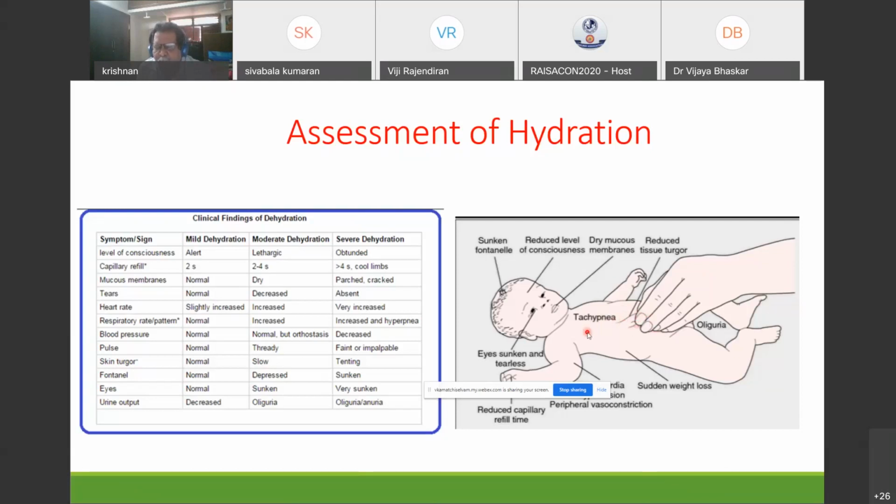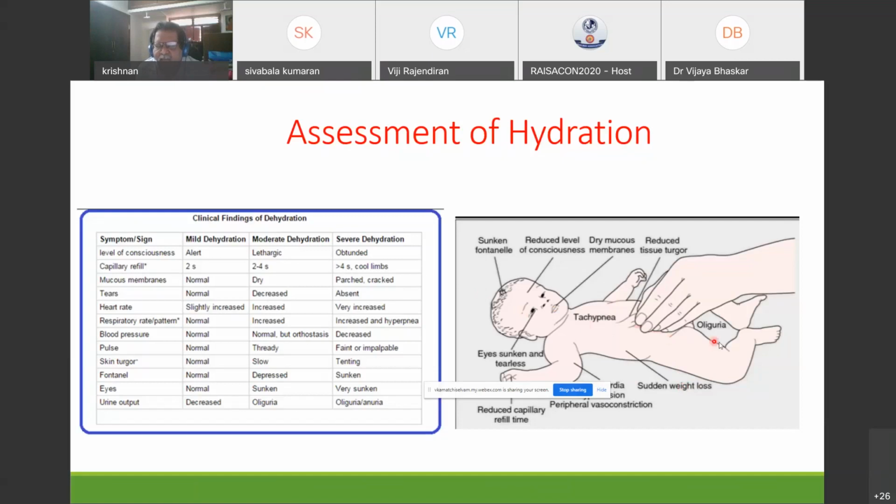Then as you go to the periphery, there will be a drop in blood pressure, peripheral vasoconstriction, reduced CRT, and there can be cyanosis. The most important clinical sign is weight loss. That is the reason in pediatrics they do a daily weighing of the baby, and any change is very important for assessment of hydration.